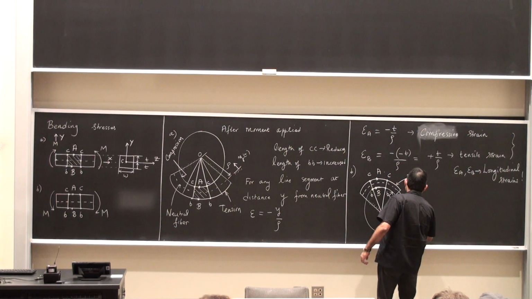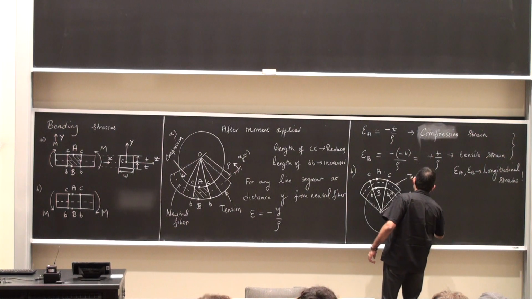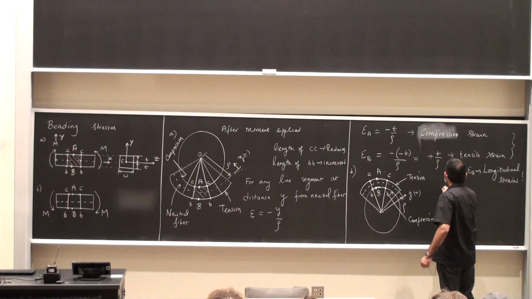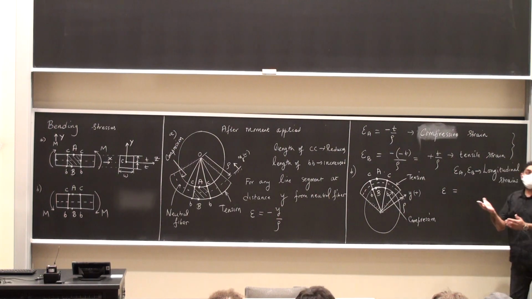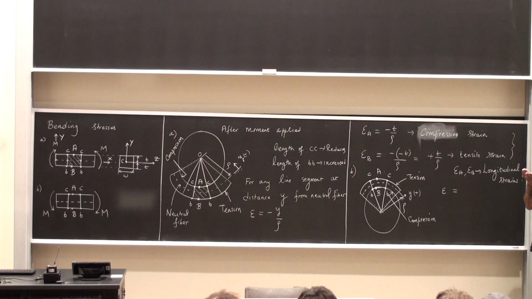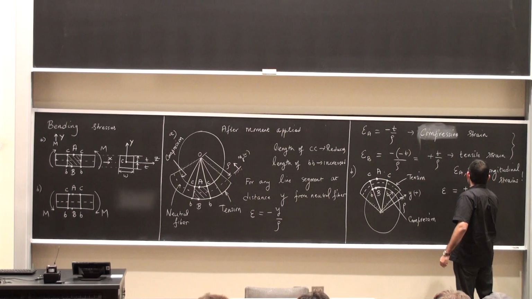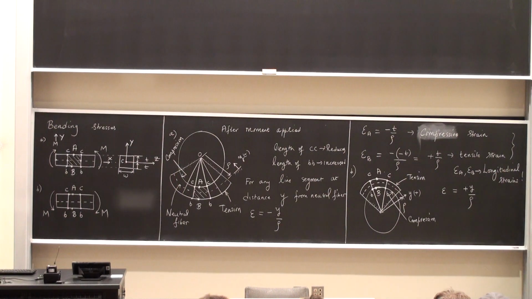Compression, which means that if I now write the general expression for my strain, epsilon at any point at distance y from the neutral fiber is going to be plus y by rho. Does this make sense to everybody?